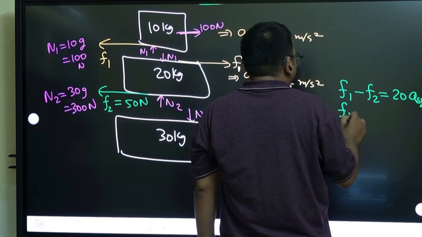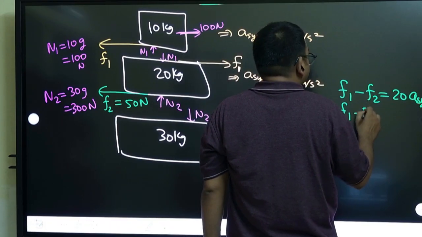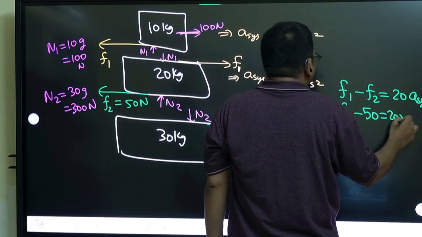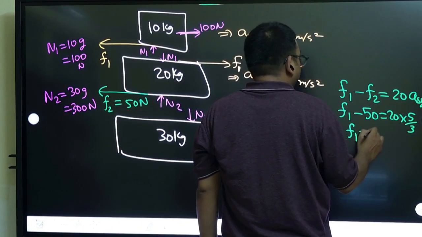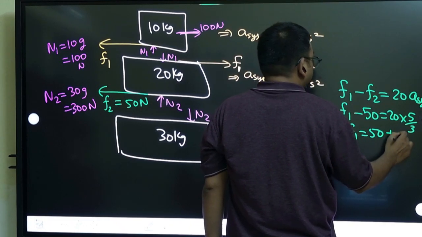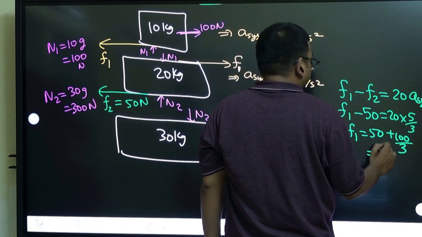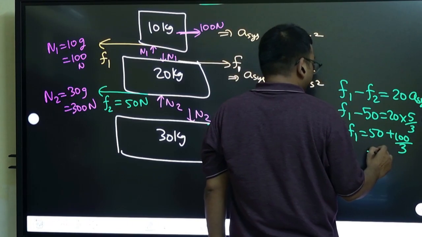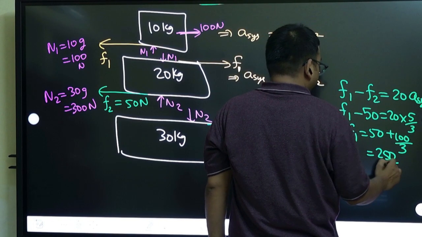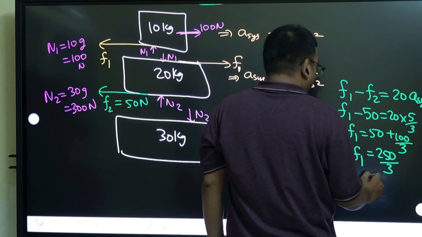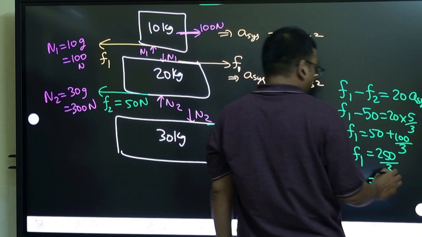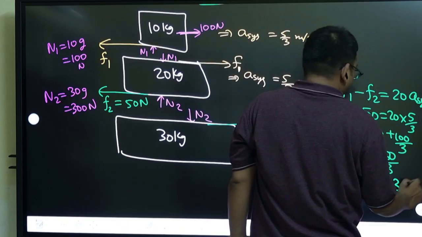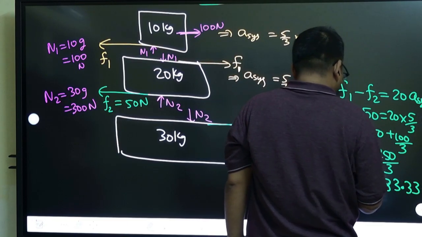F1 minus F2, we have already calculated, is 50. So 20 times acceleration, which is 5/3. So F1 will be how much? 50 plus 100/3. That means this is 150 plus 100, 250/3, correct? How much will it come? 83.33 Newton will come. Okay, that is F1.